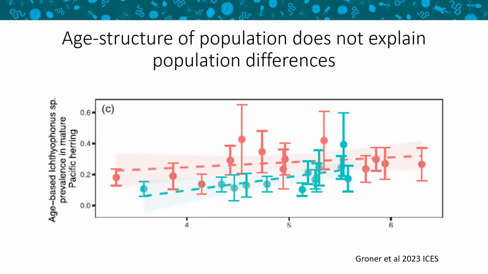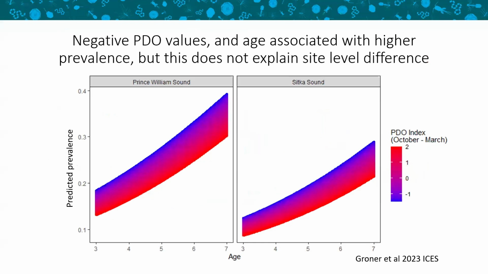Then we did some generalized linear models to see if there were environmental variables that could explain these population level differences. And we found that disease tended to be associated with negative values of the Pacific Decadal Oscillation, but it was true in the same way for both populations.